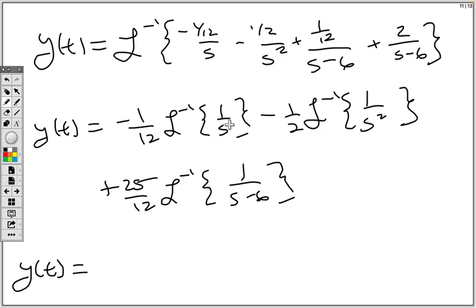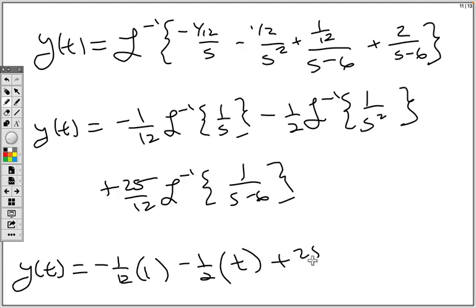What's the inverse Laplace of 1 over s? Yep, that's just 1. Minus 1/2. What's the inverse Laplace of 1 over s squared? That's just t.